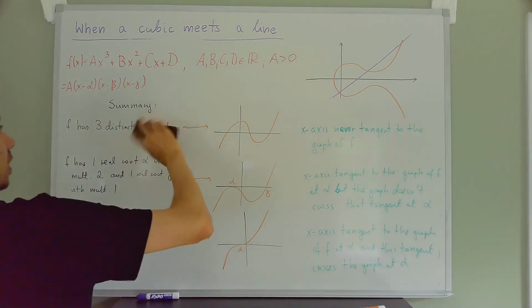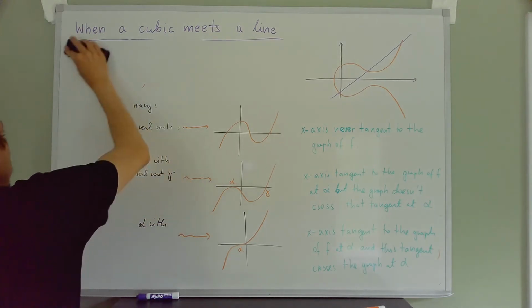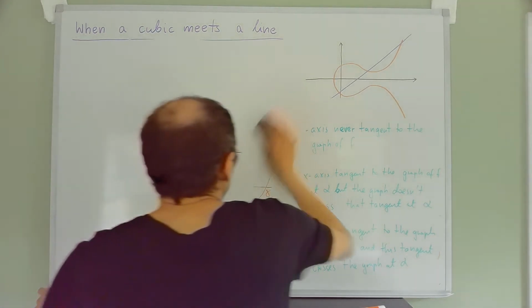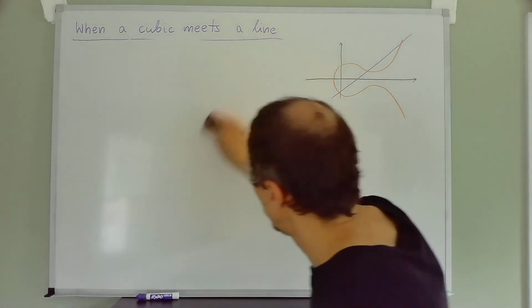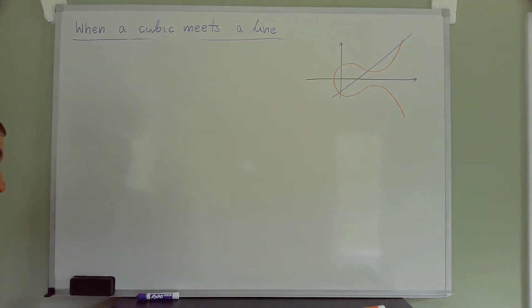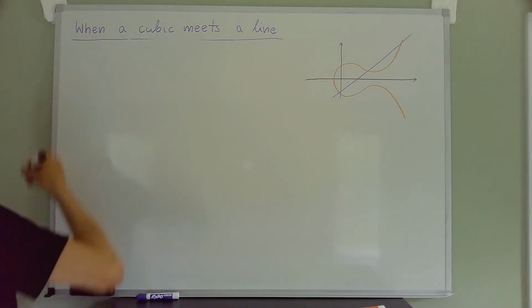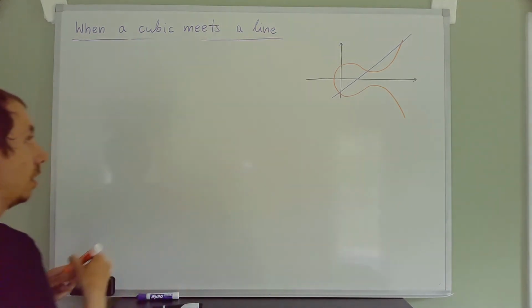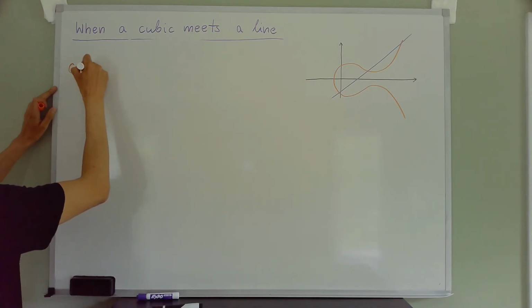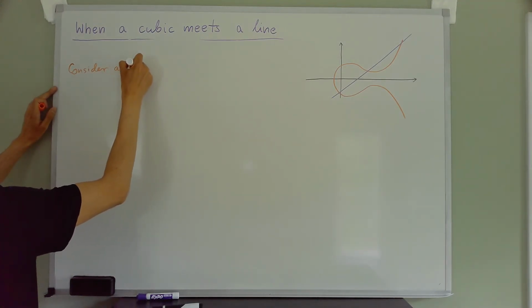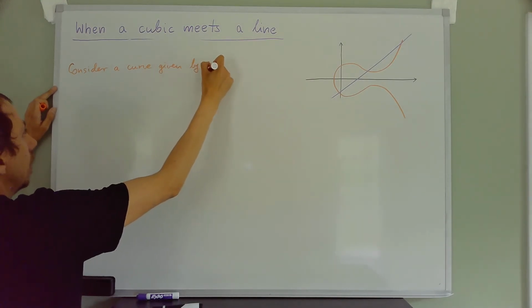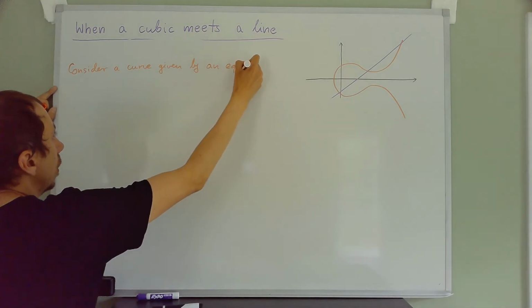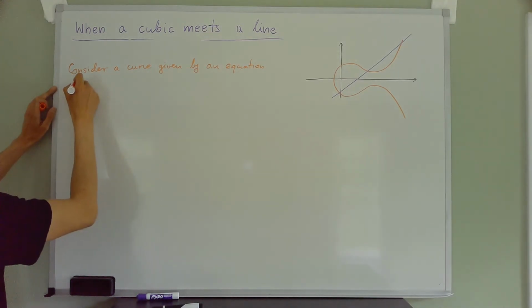Okay, let's now get to the situation that we want to study, and in fact I'm going to right away give you an example of a cubic that is an elliptic curve. So consider a curve given by an equation of the form.